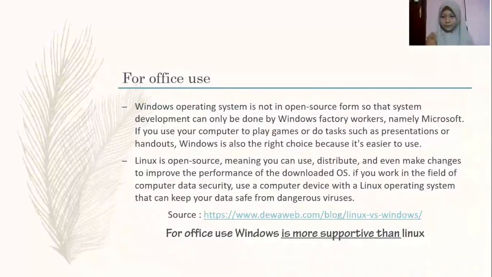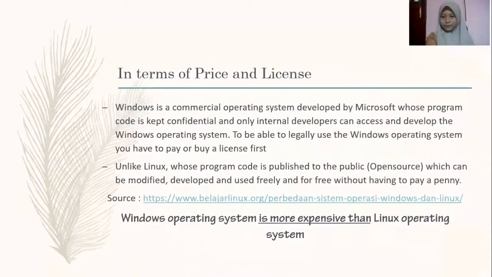Next, in terms of price and design, Windows is a commercial operating system developed by Microsoft, whose program code is kept confidential and only internal developers can access and develop the Windows operating system.